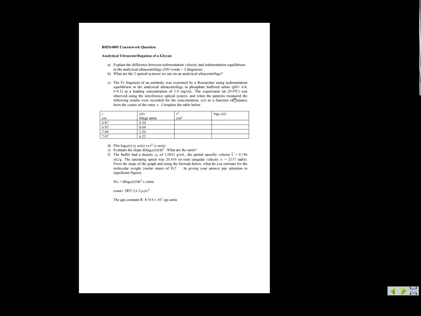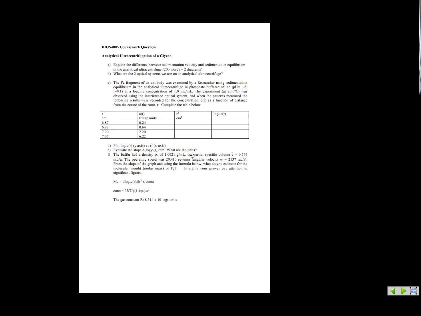On your calculators, if you have them, or on the calculator function on your laptop or mobile phone, log e C is the same as ln C, natural logarithm. So don't use log to base 10, use log to base e, natural logarithm.